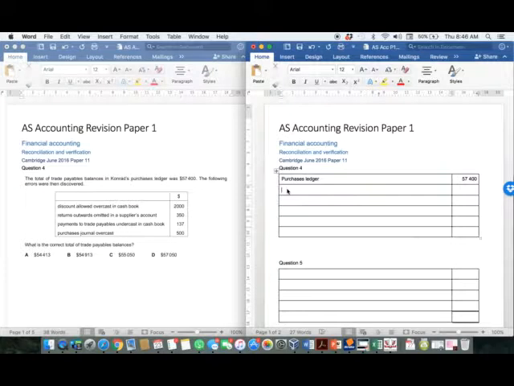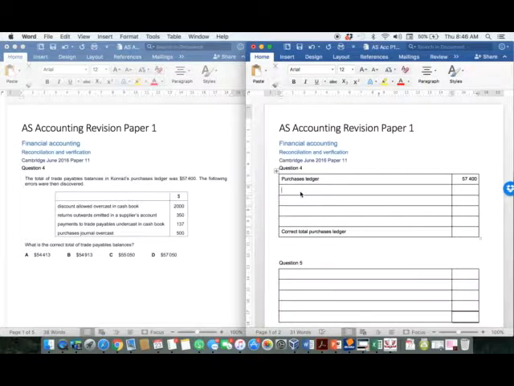what is asked. We are looking for the correct total of the trade payables balance. In other words, this amount here is wrong, and we want the correct total of the purchases ledger. So it's the same thing that we're looking for, but we just need to take into account all the errors.